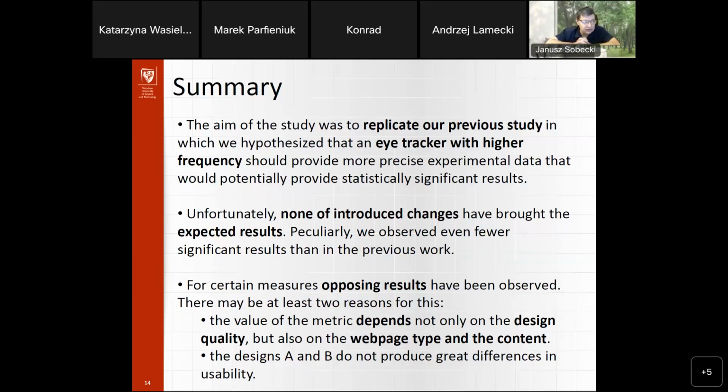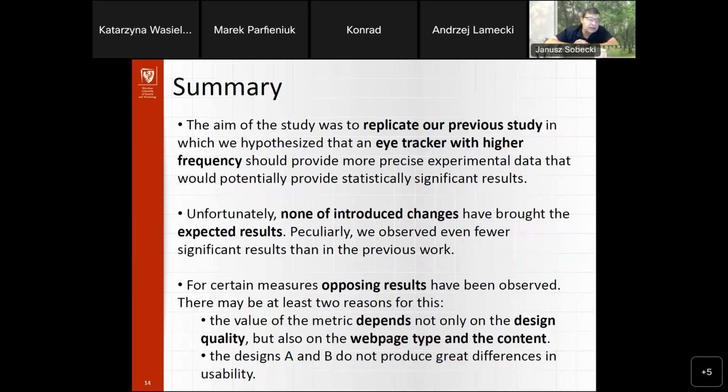Also, as you've seen, one experiment was made three years ago in Sydney.